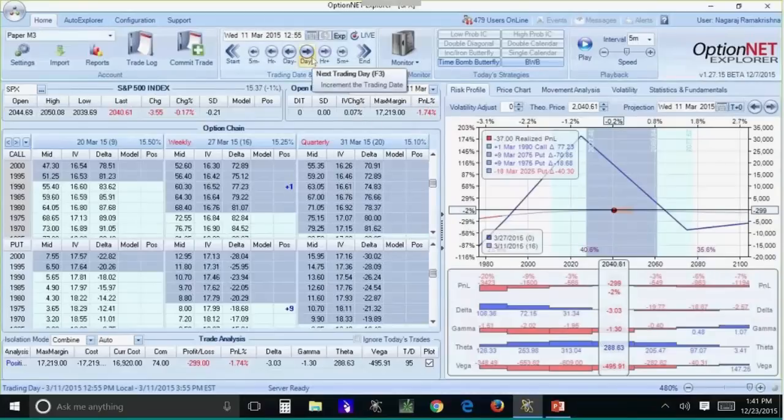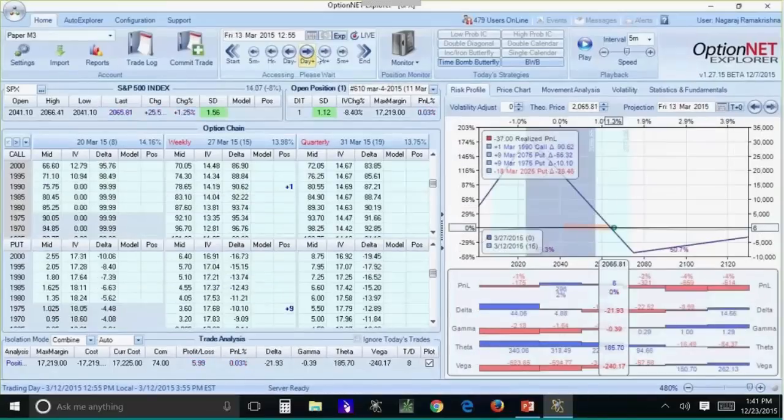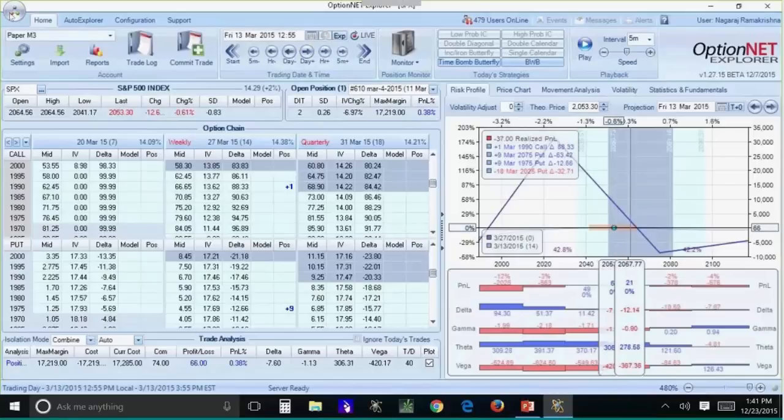Okay, I'm going to breeze through days and move to the 11th, 16th. Usually I try to time my adjustments such that I stay under the tent.